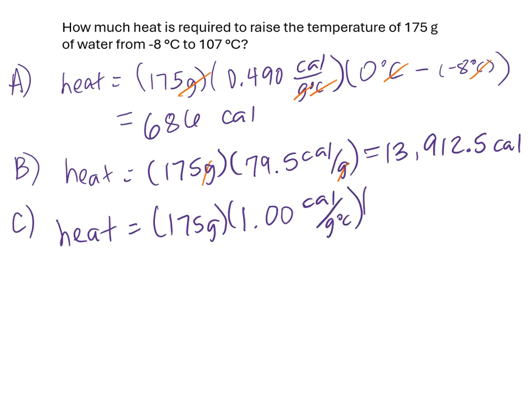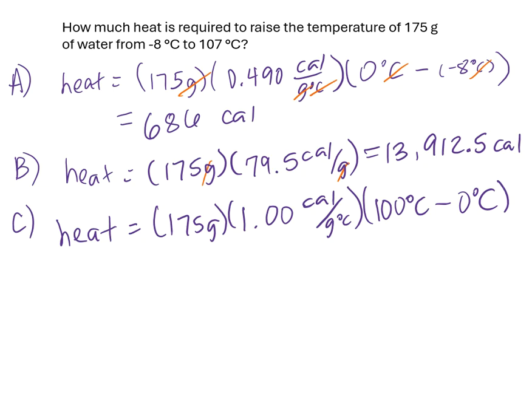And this water is going to remain in the liquid phase until it reaches the boiling point, or the point of vaporization, which is 100 degrees Celsius. So that means that our change now in temperature is 100 degrees Celsius minus 0 degrees Celsius, which gives us a delta T of 100. I'll just go ahead and write that extra step out. So 100 degrees Celsius minus 0.